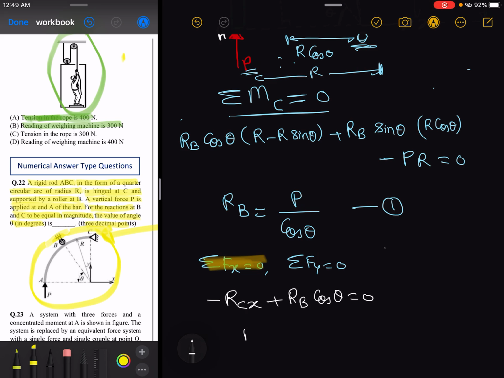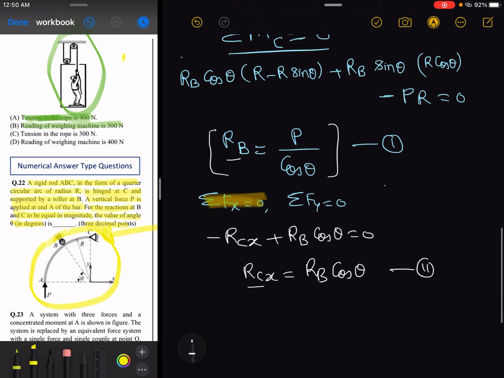This implies that RCX is equal to RB cos theta. This is equation number second. So we have RCX also in our hands because RB is known. We have found RB, that is P upon cos theta, and RCX in terms of RB. So indirectly RCX is also known.